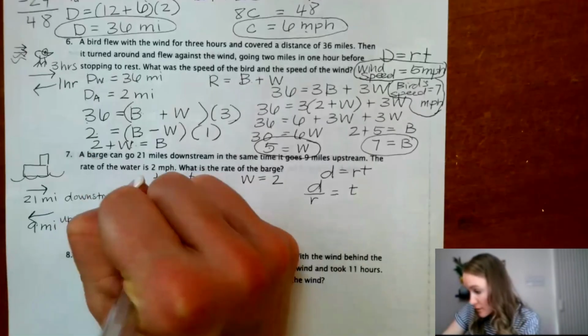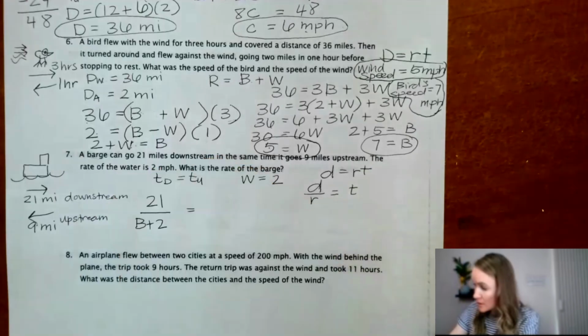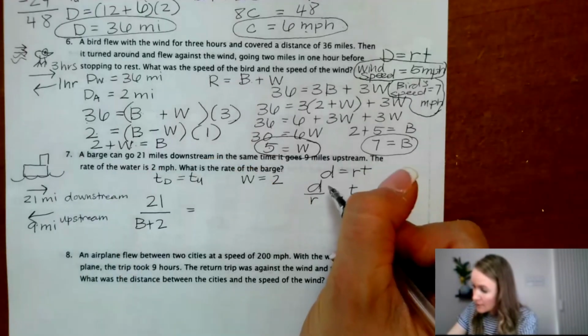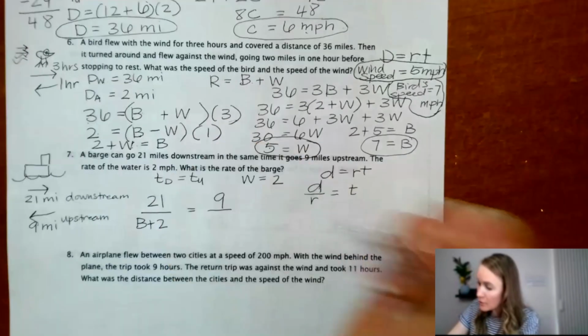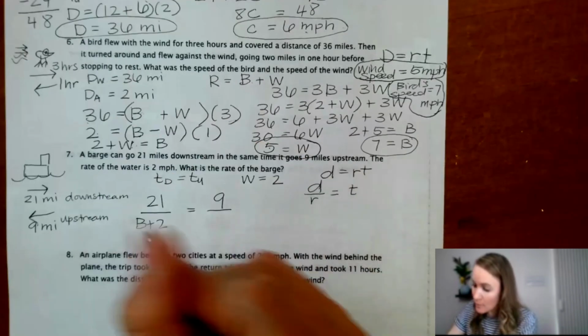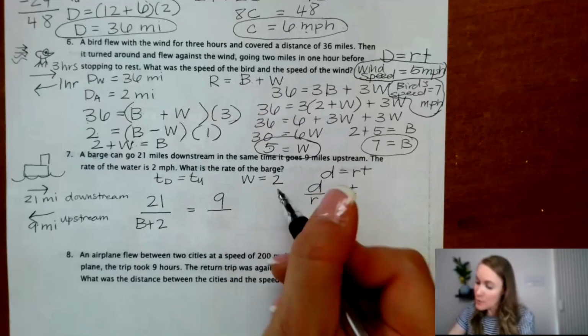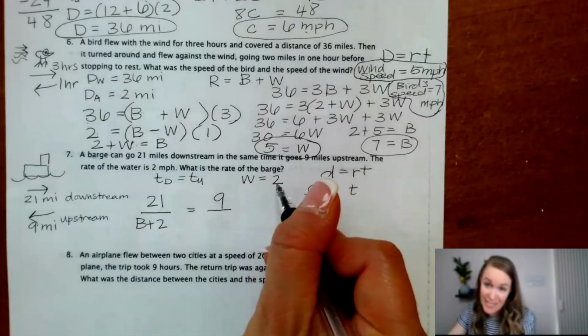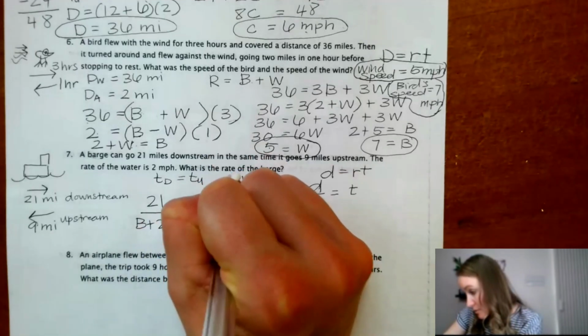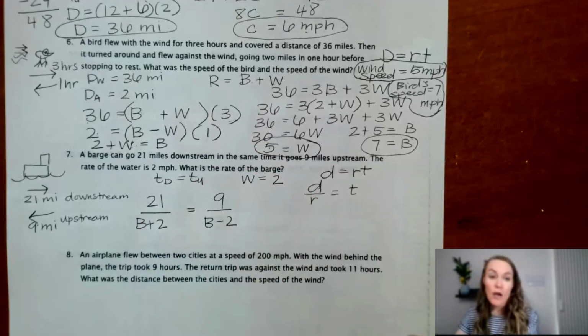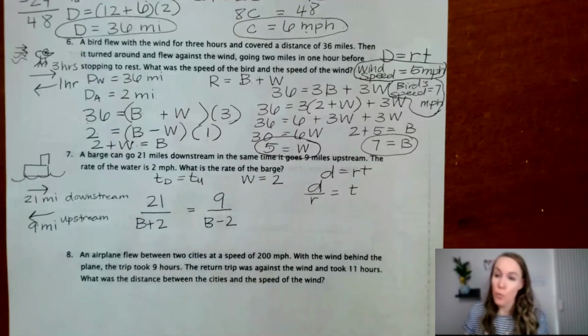So barge plus 2 equals, the distance upstream is 9 divided by the rate upstream. So upstream, remember that the rate of the water is not going to help me. It's going to go against me. I'm going to take the rate of the barge and subtract 2. Okay, now I can just cross multiply, right? I have one equation, one unknown. I can find this.